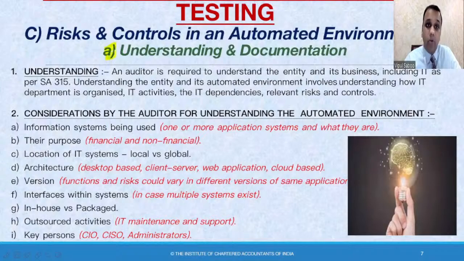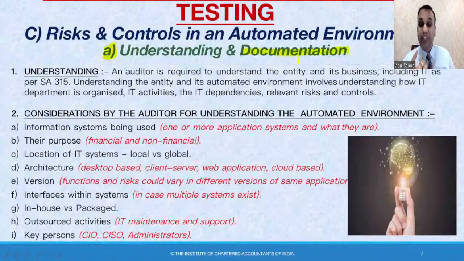We read in audit documentation that we have to document major parts of our audit. Documentation is really important, every part. As we had read in chapter 2, if we are devising an audit plan, strategy, then program, and then making some changes, some updations, everything needs to be documented.